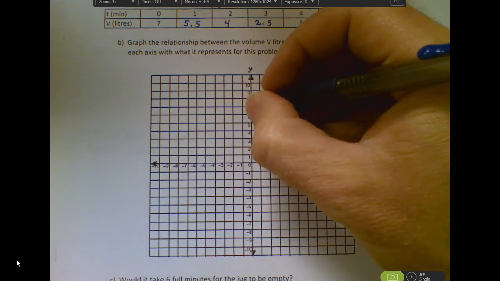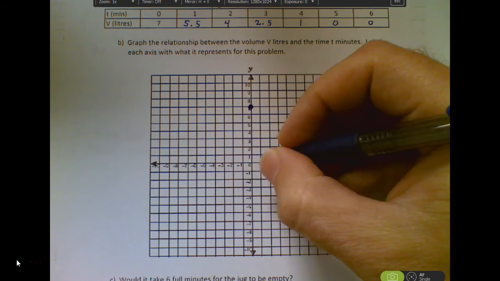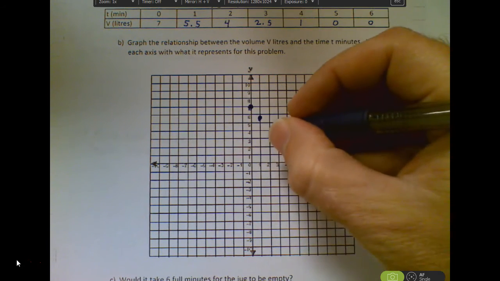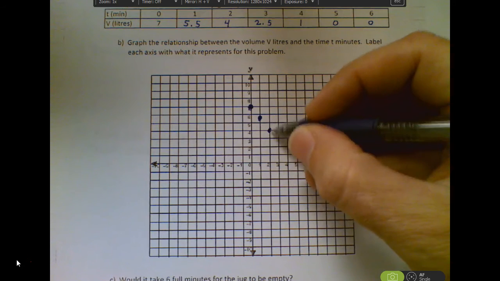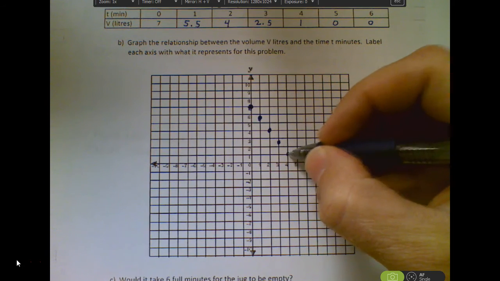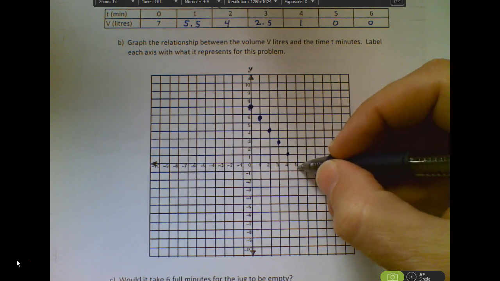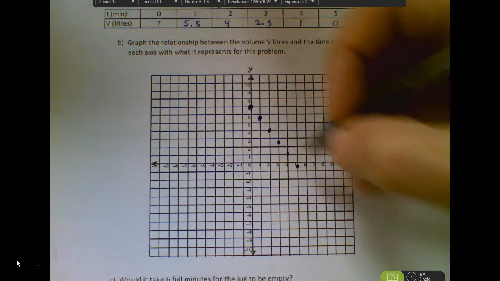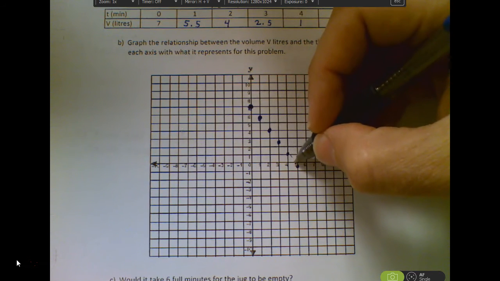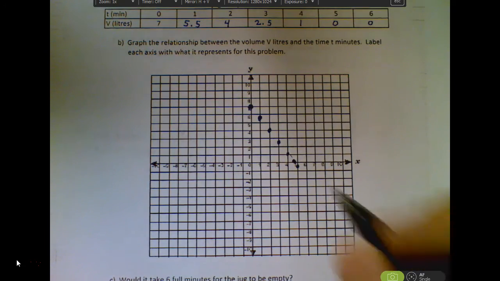So we started up here at 0, 7, we went to 1, 5.5, went to 2, 4. You can see I'm just going to keep going, subtracting 1.5 for every minute. And again, this is where it would have carried into the negative, but because I'm going to consider the word problem for this, as I continue on down that line, somewhere right here where I hit 0, it would no longer go any further.